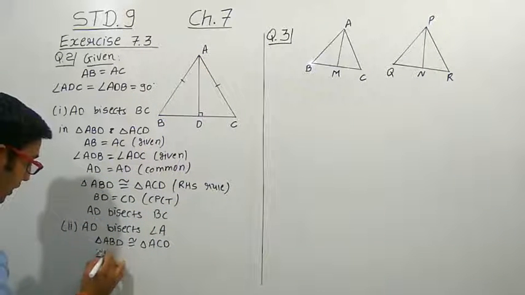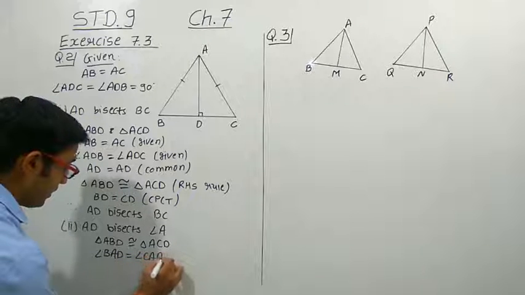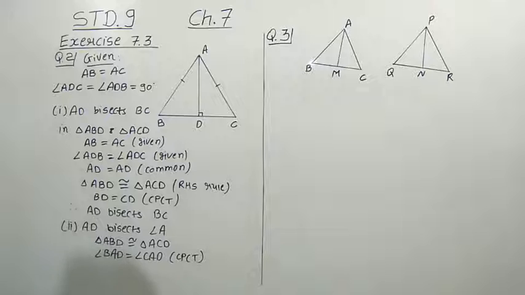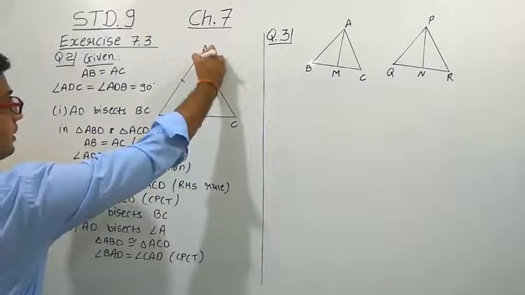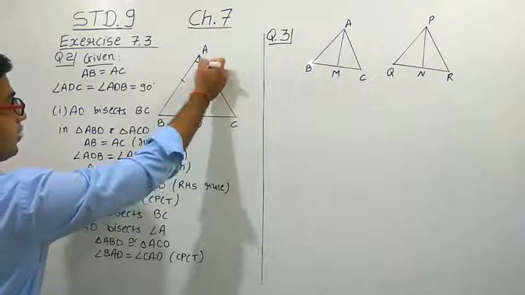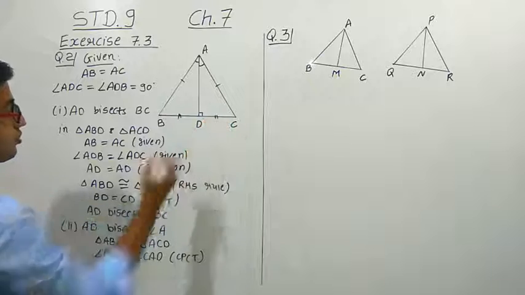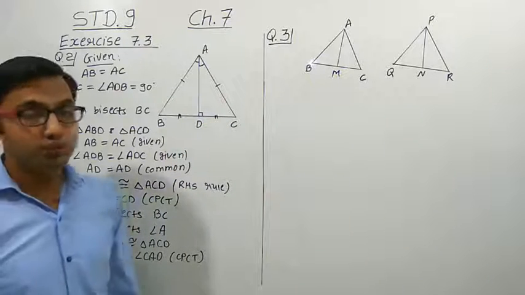We can write down that angle BAD is equal to angle CAD by CPCT. And what is the meaning of this? Meaning of this is that AD bisects angle A. Right? The angle A is divided into two equal parts. One is angle BAD and one is angle CAD. These two angles will become equal, and these two sides also become equal. Okay, so this is question number 2.